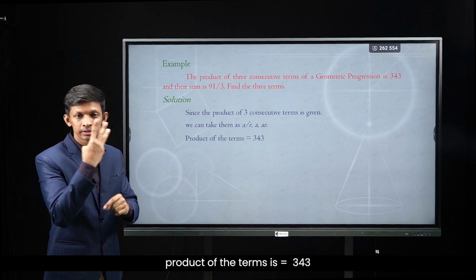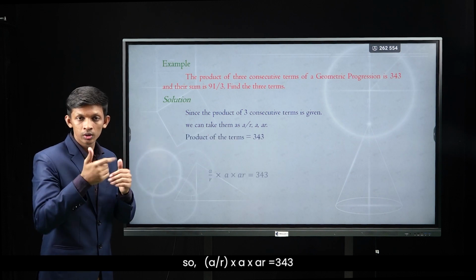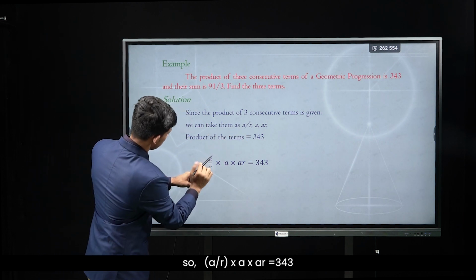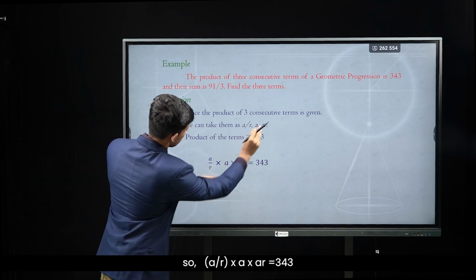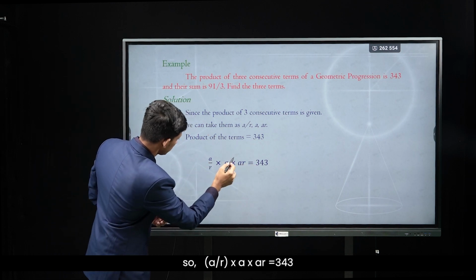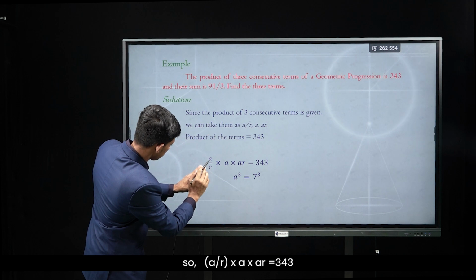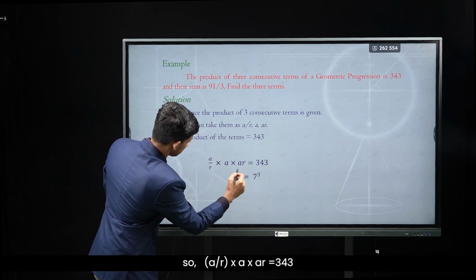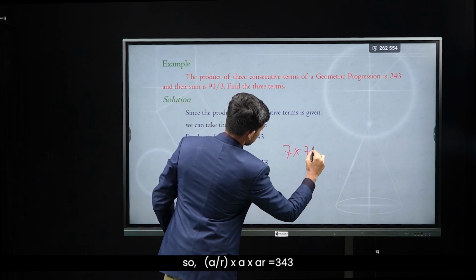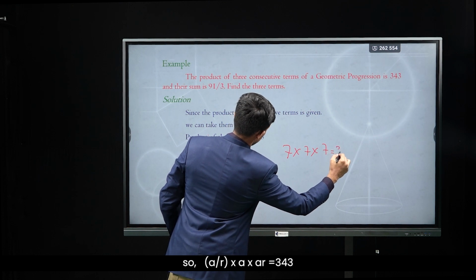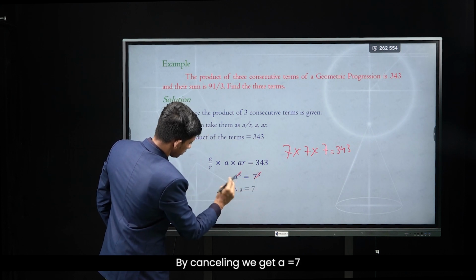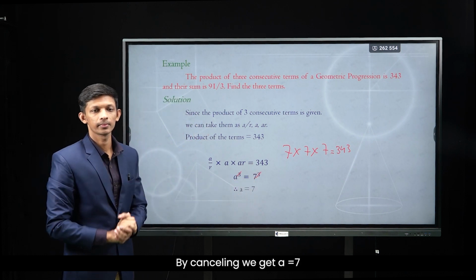Product of the terms is equal to 343, so a by r into a into ar is equal to 343. Now a cube is equal to 7 cube. By cancelling, we get a is equal to 7.